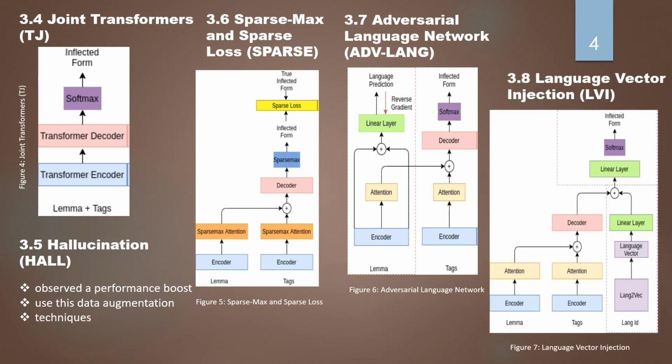Subsection 8, in the figure. In this subsection, to integrate the language vector, they first extract the lang2vec vector for a particular language. They pass it through a two-layer dense neural network. This provides a compact representation of this vector.